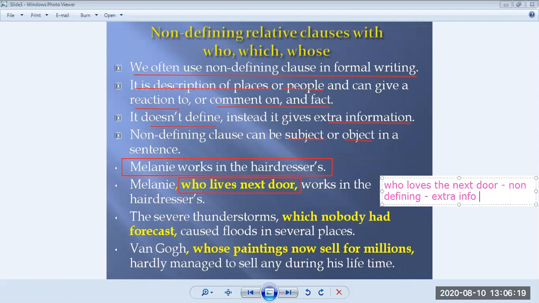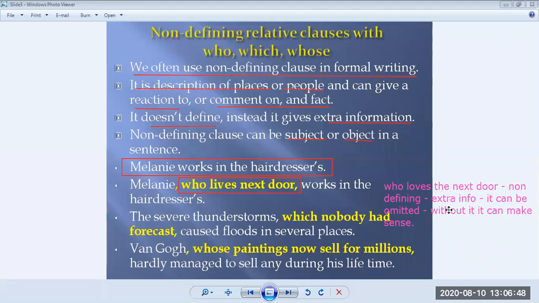And sometimes when it gives extra information, it can be omitted. What does that mean? It means that without it, the sentence can stand, it can make sense.